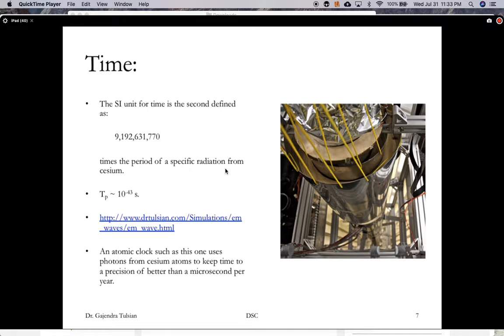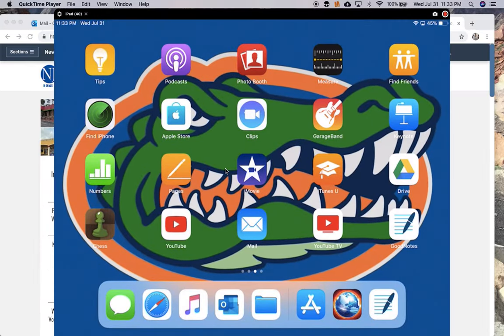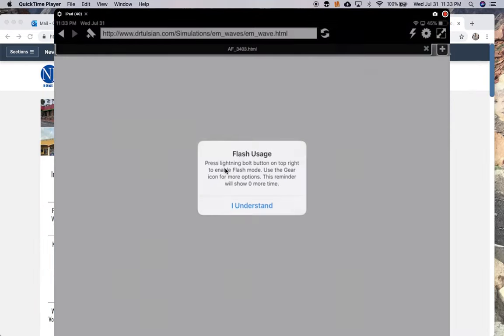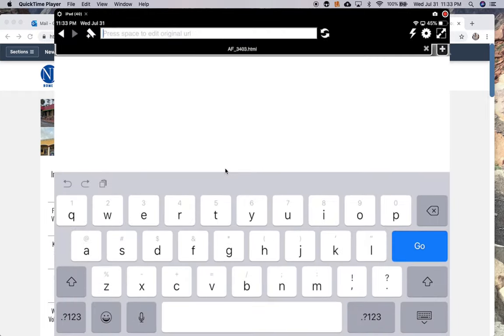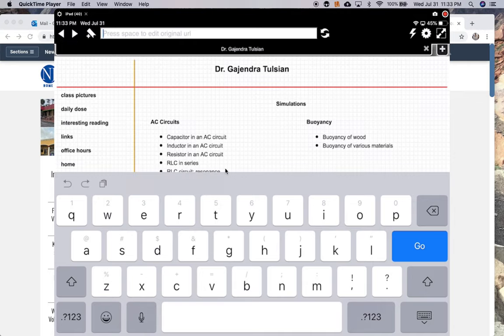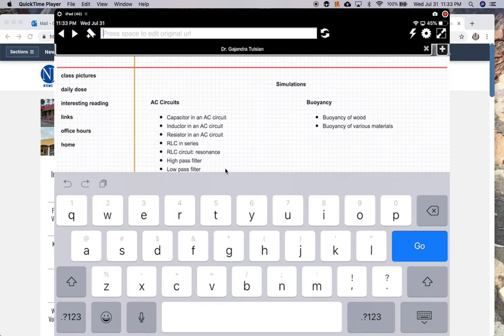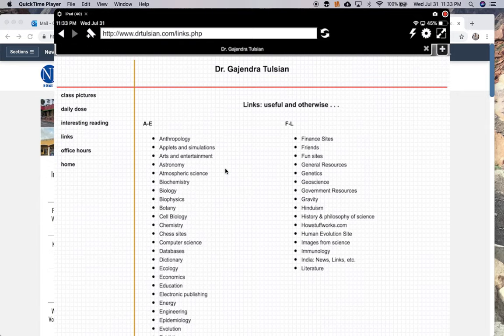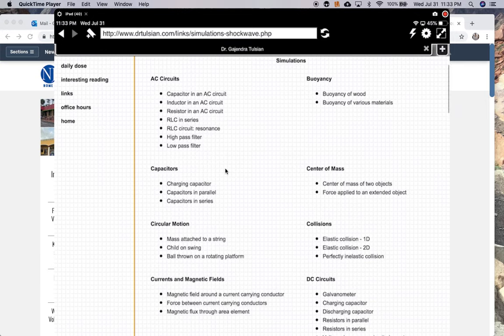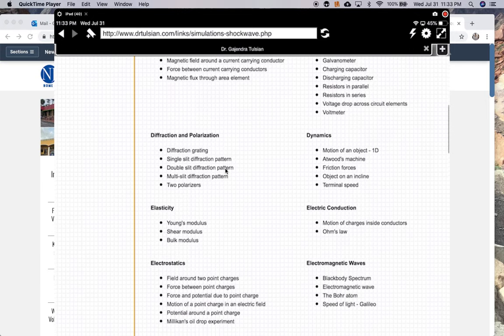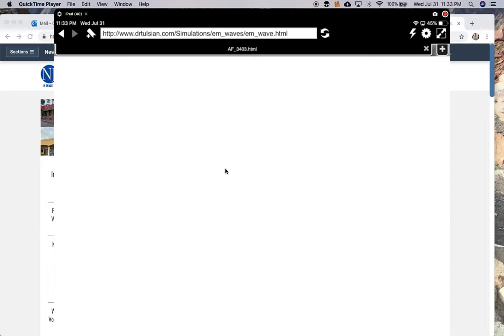Okay, now let me go to an app for that. I will go to my website, links, simulations, and then we'll go to the electromagnetic wave.